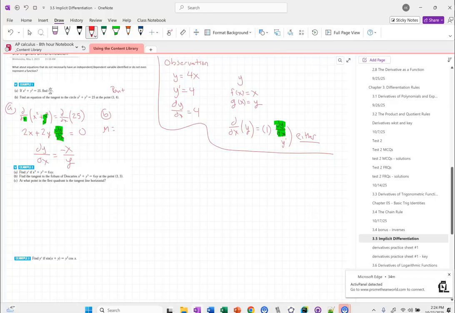The derivative is a slope function. It outputs the slope of that function at a specific point. So the slope at (3, 4) is going to be negative 3/4, negative x over y. So far, so good.